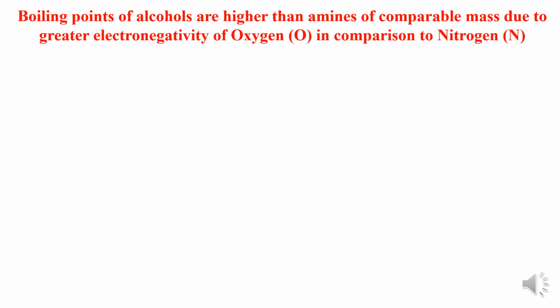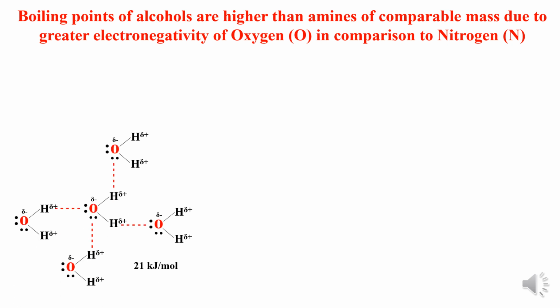Now boiling point of alcohols are higher than amines of comparable mass, and this is due to the greater electronegativity of the oxygen atom in comparison to the nitrogen atom. Electronegativity of oxygen is 3.5 on the Pauling scale, and nitrogen it is 3.